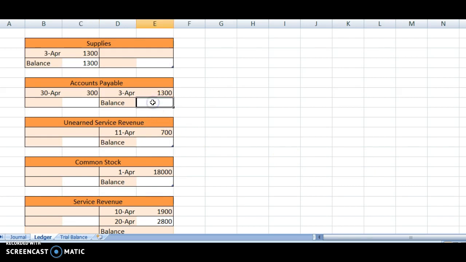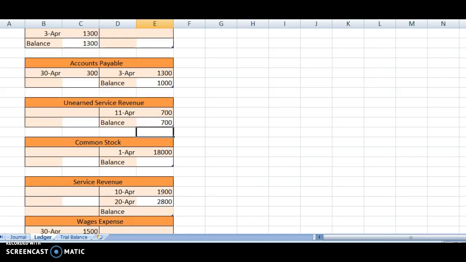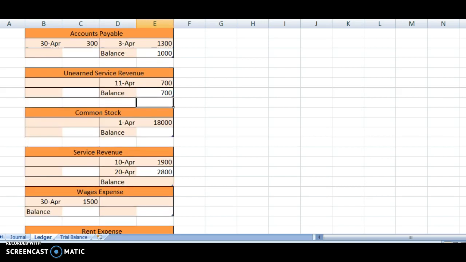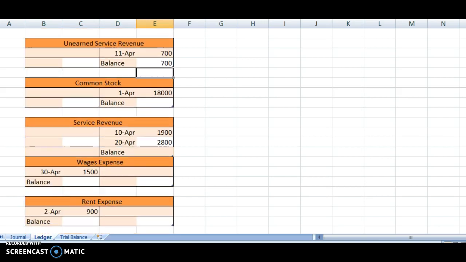Accounts payable, once again, we take the normal balance side and subtract it from the other side. So that's 1,000. Example. Once again, we just take the one transaction that is there. So unearned service revenue, normal balance is on the credit side. Also with common stock.